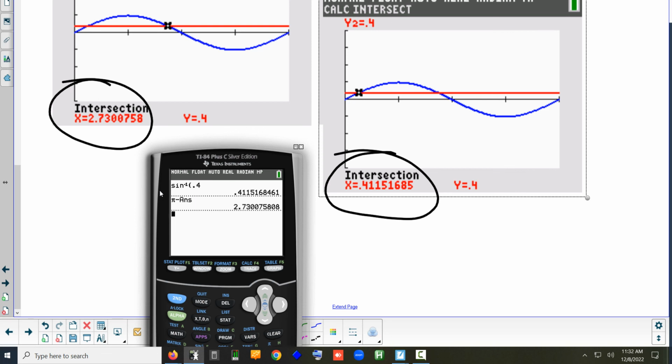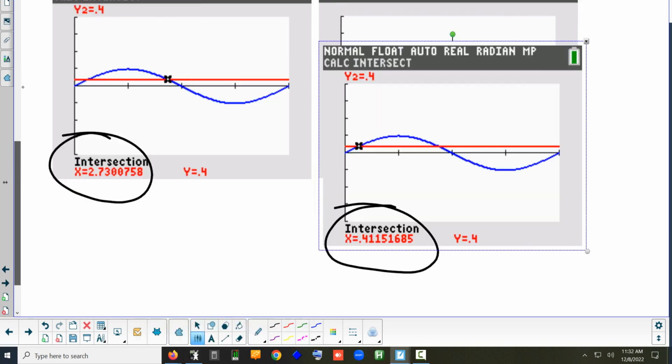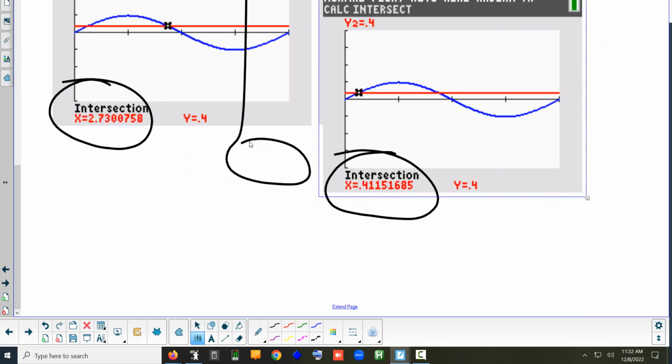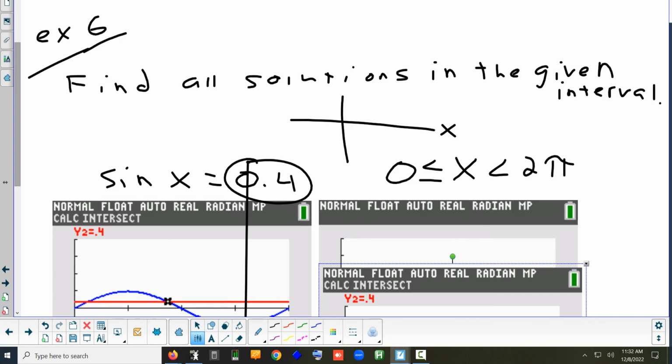Well, we're going to learn more about it, but the fact that this number was a positive number told me a lot. It told me the fact that I needed to use pi and the fact that I was using sine. So we're going to learn some tricks. Sometimes you subtract it from pi, sometimes you add it to pi.